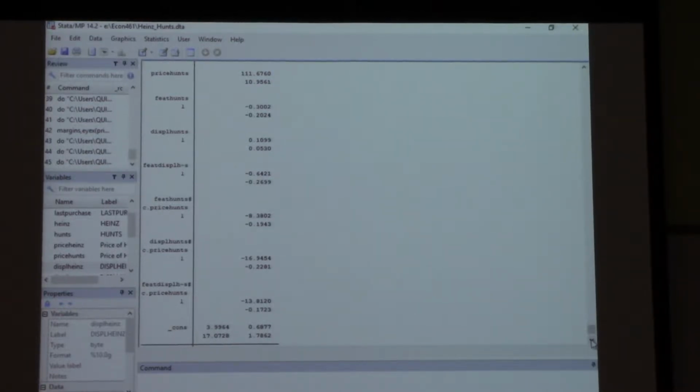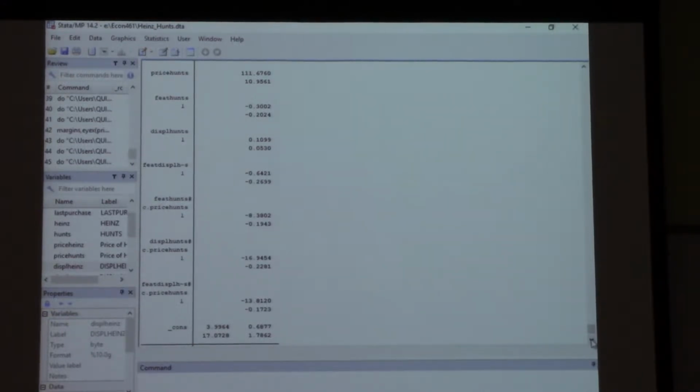Should that be negative or positive? So the cross price effect, I think we've done this. The cross price effect is the change in the probability of purchasing Heinz resulting from a change in the price of my competitor, Hunt's.